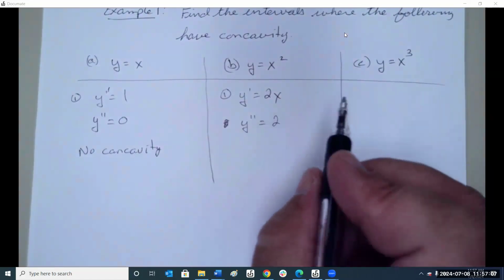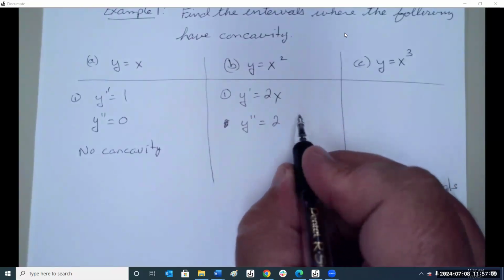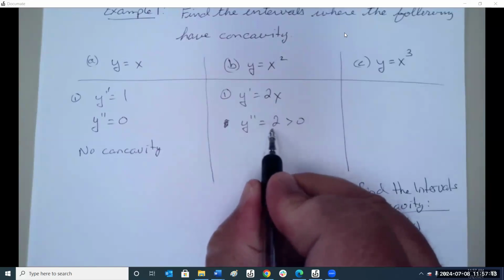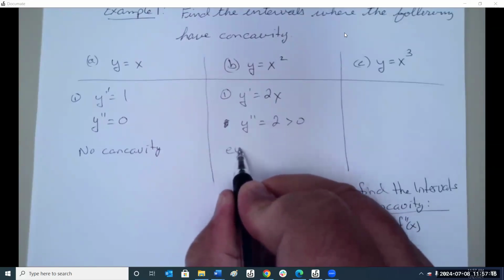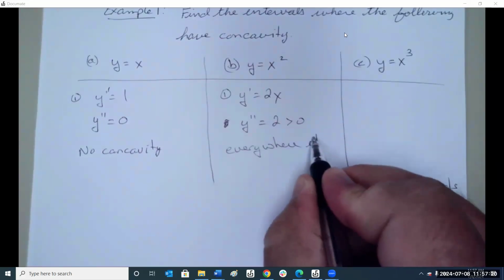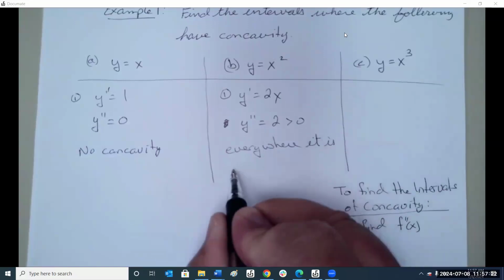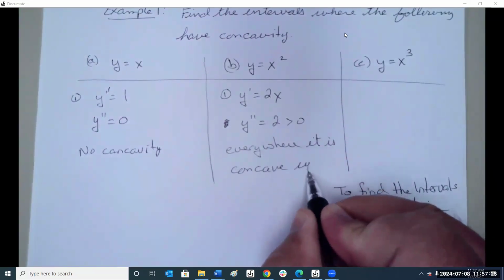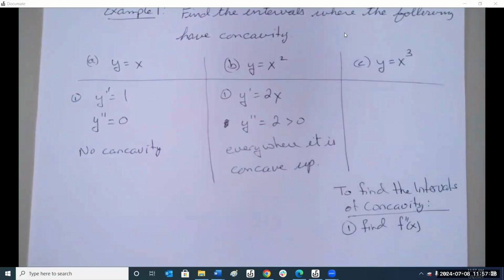Is 2 greater than or less than 0? So therefore, everywhere it is concave up, because the second derivative is greater than 0. Always.